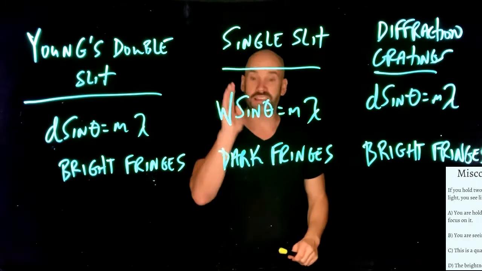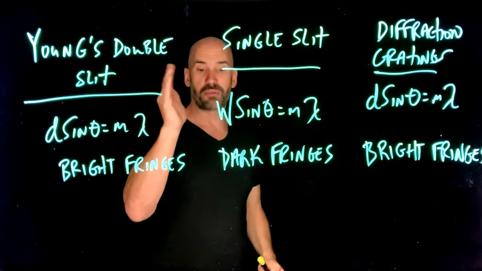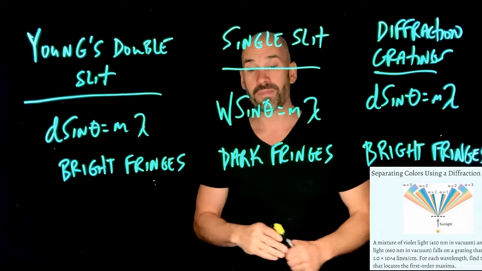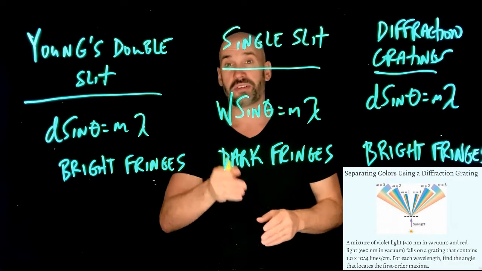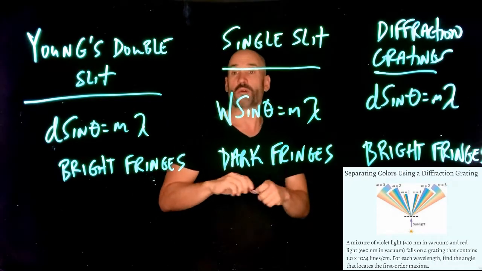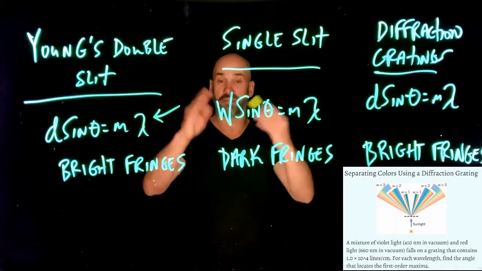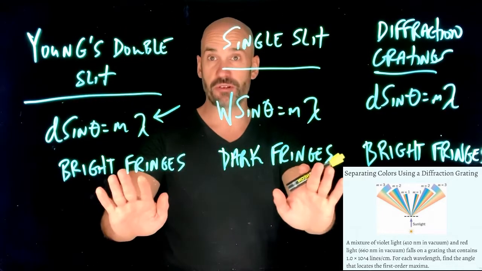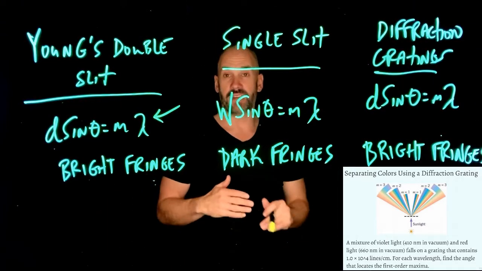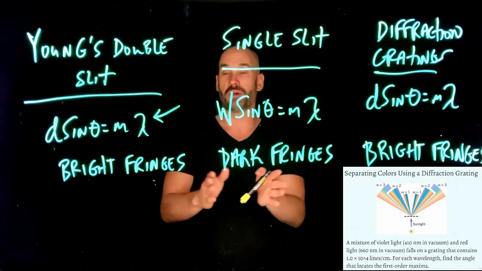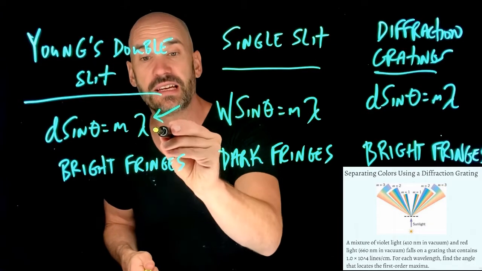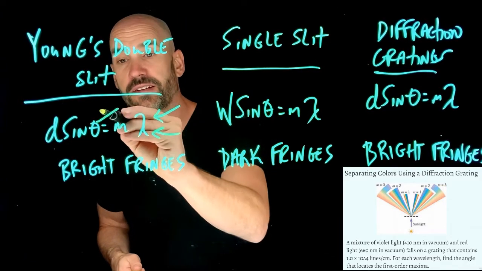Again, if we go to the slide that says separating colors using diffraction grating, just like with Young's double slit experiment, if you now don't take just a single wavelength, but you take white light, which is all the wavelengths, and you put it through this diffraction grating, you are going to get the separation of the colors of the rainbow, because for every different wavelength, you're going to get a different angle.